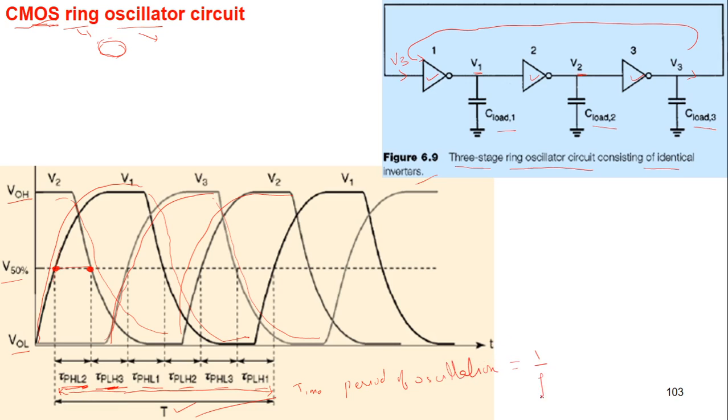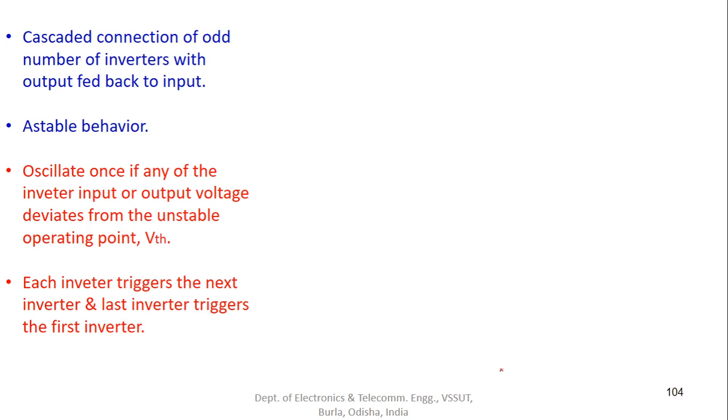And this will be the inverse of the frequency of the oscillation. Okay, so look here, what is a ring oscillator? Nothing but a cascaded connection of an odd number of inverters with the output fed back to the input, right?